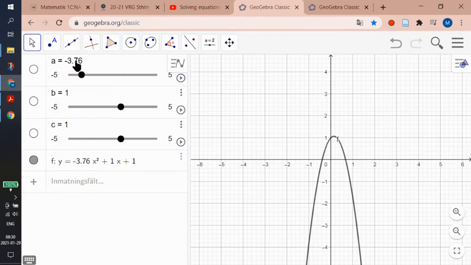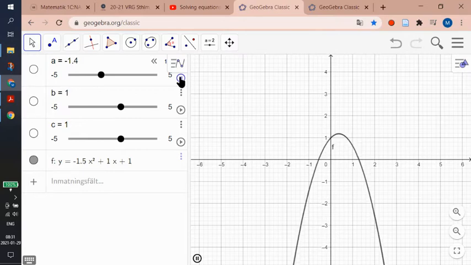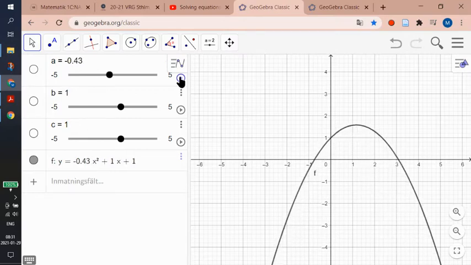What we see here is that when this value of a is a negative value, we have this inverted U shape, kind of like an upside down U shape. That's the case whenever we have a negative value there. You see it's broadening out as we get closer to 0.